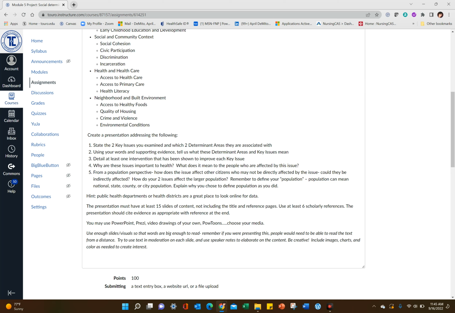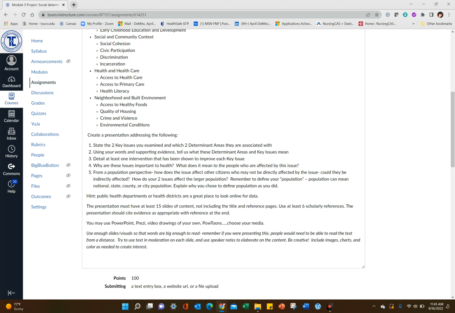And number 4, why are these key issues important in health, and what does it mean to the people who are affected by the issue? And from a population perspective, since this is a population course, how does the issue affect other citizens who may not be directly affected by the issue? Could they be indirectly affected?